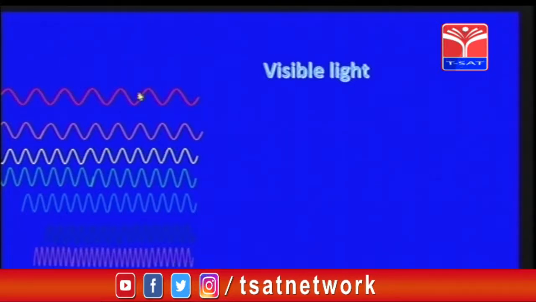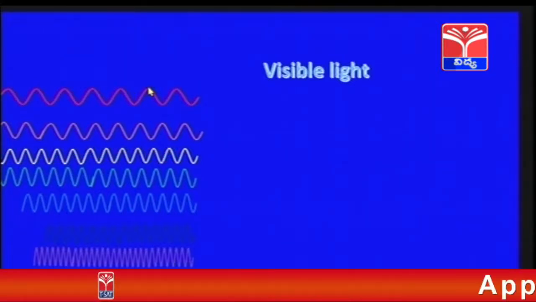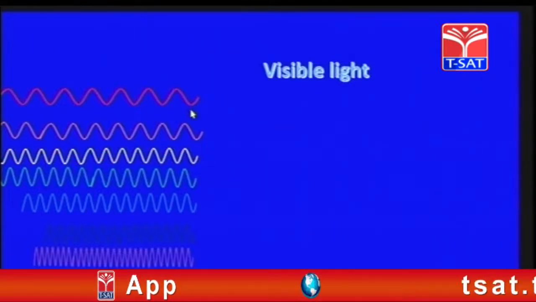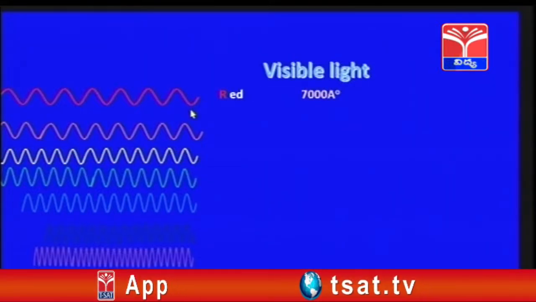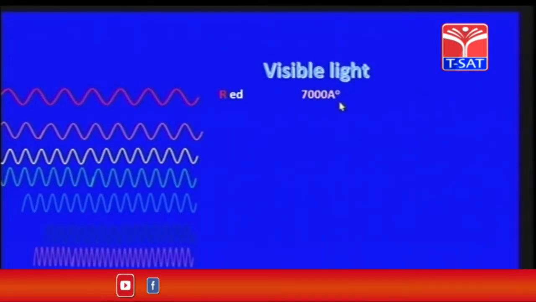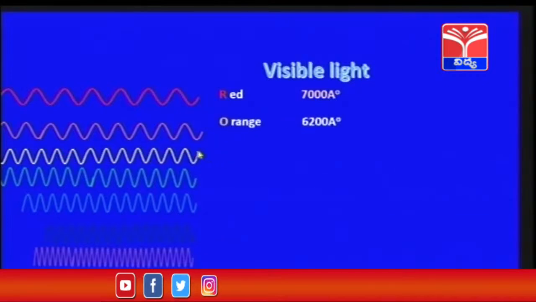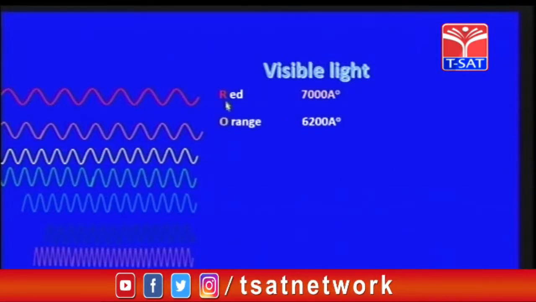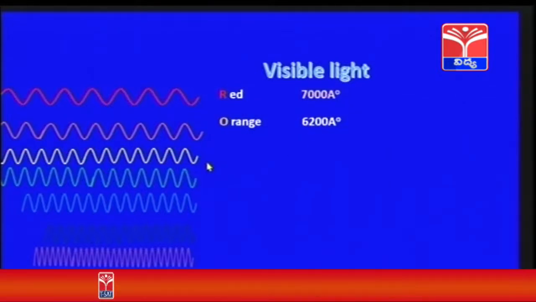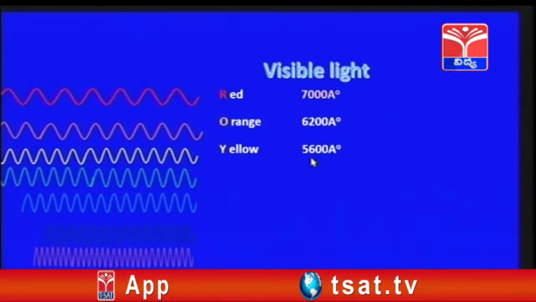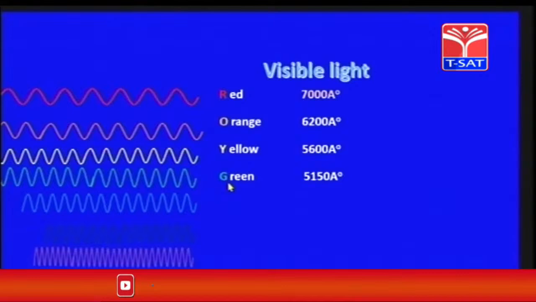Here the separation between two successive crests is greater. That's why red has a higher wavelength and a lower frequency, that is equal to 7000 angstroms. Likewise orange has a lesser wavelength than red, that is 6200 angstroms. Yellow light has a wavelength of 5600 angstroms, and green light has 5150 angstroms.